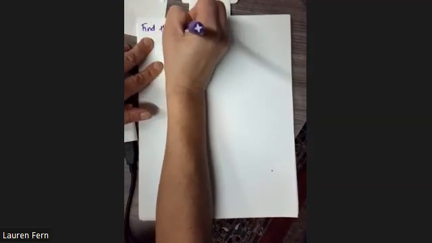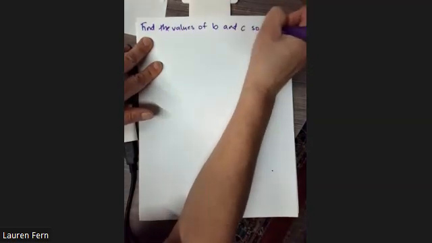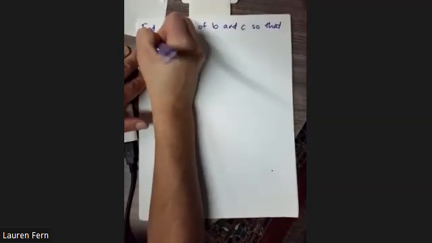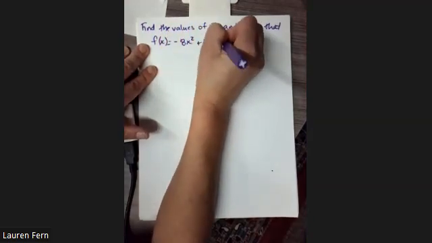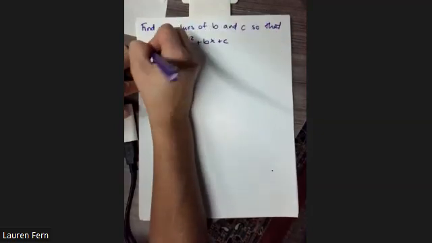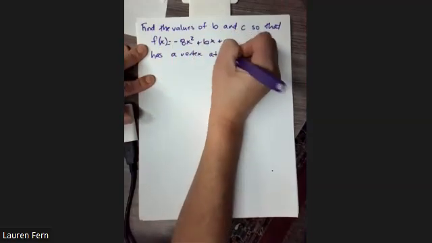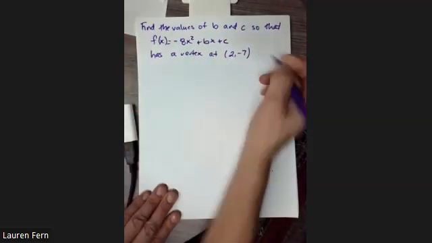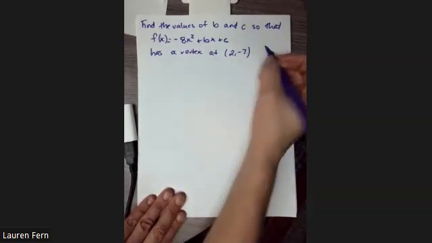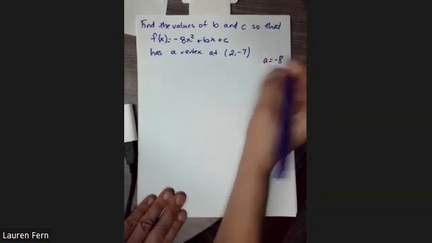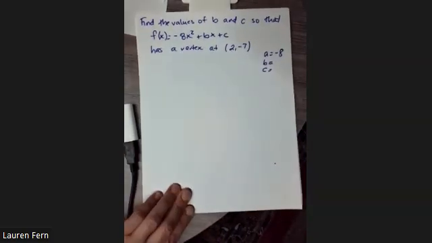Find the values of B and C so that f of x equals -8x squared plus bx plus c has a vertex at 2, -7. Okay, notice we have the value of A. We know that A is -8. What we want to find is what are my values of B and C.